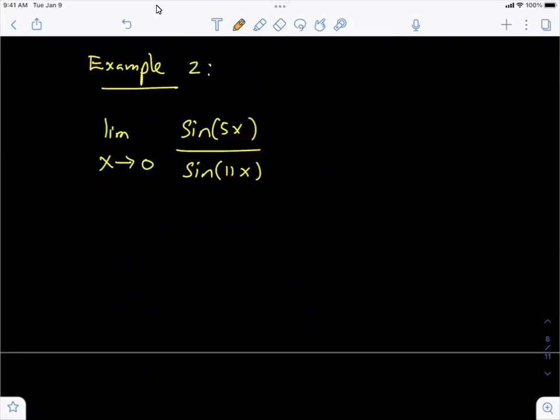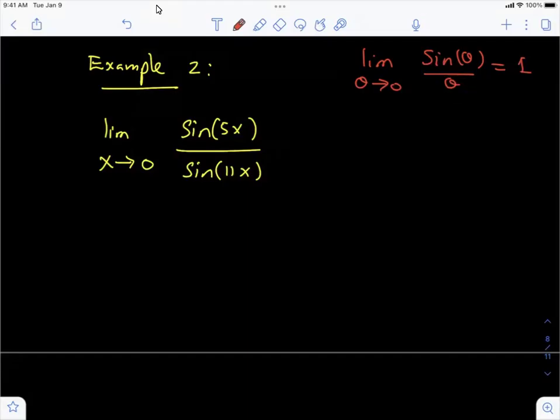But the problem is now here you do not have anything to match with the tool. The tool is none other than theta goes to 0, sine theta divided by theta equals 1. You need to have at least theta kind of a term in the denominator.